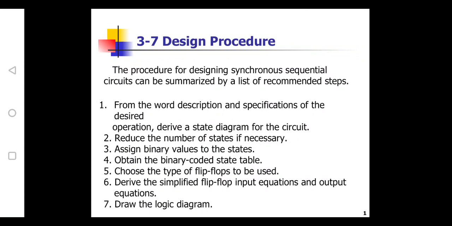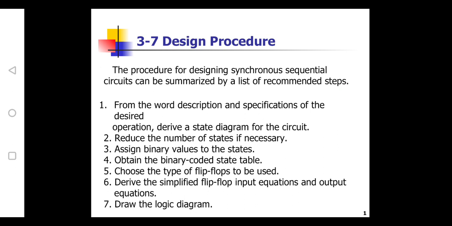The first step is, from the word statement or the problem statement, we need to specify the number of inputs and the number of outputs. From the inputs and outputs, we need to derive a state diagram of the circuit.